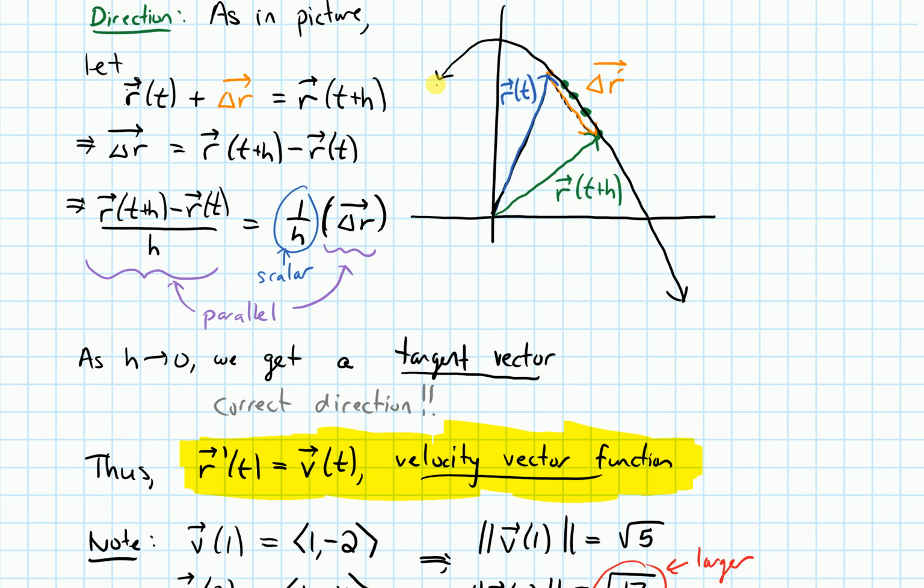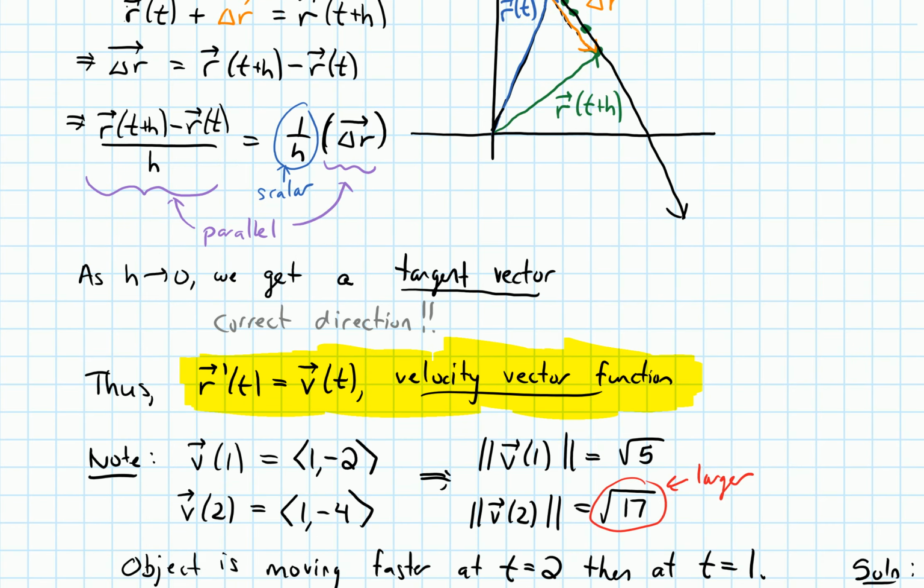That was this upside down parabola in our example. When we draw the velocity vector at the points on that curve, the velocity vector will be tangent to the curve.